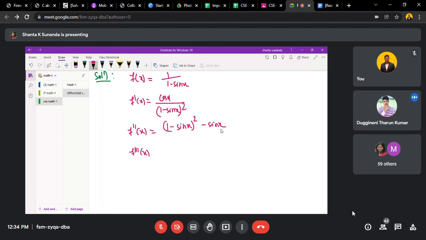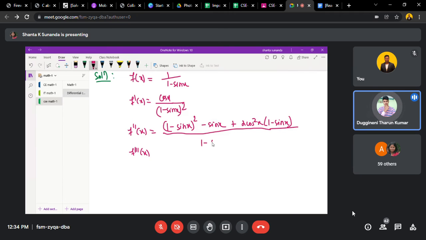See, 5 terms I have written. So 2 cos square x into 1 minus sin x, this much in the numerator, divided by 1 minus sin x whole power 4.